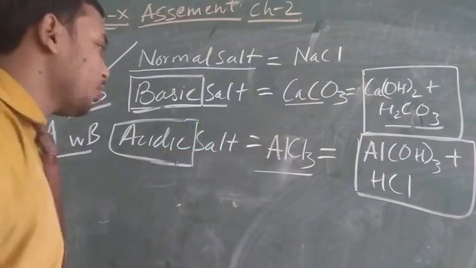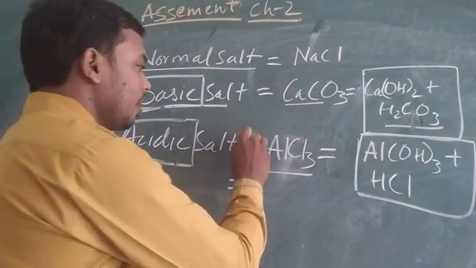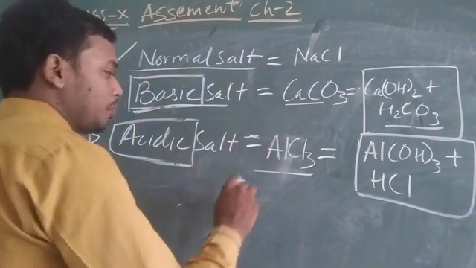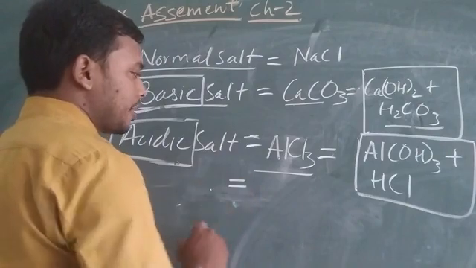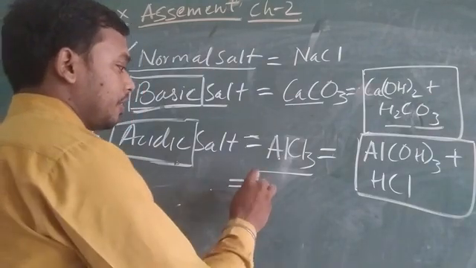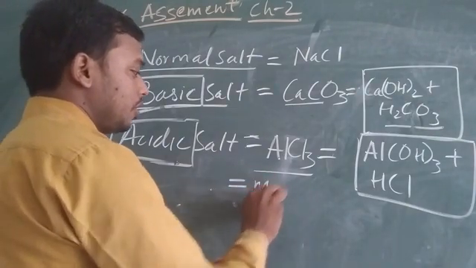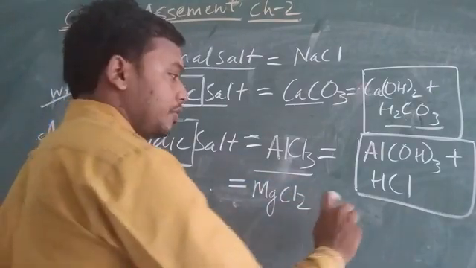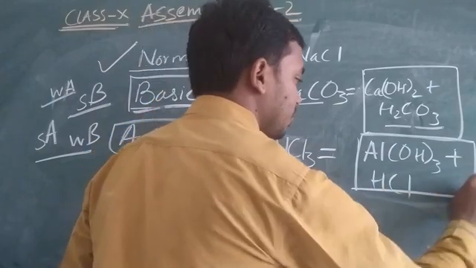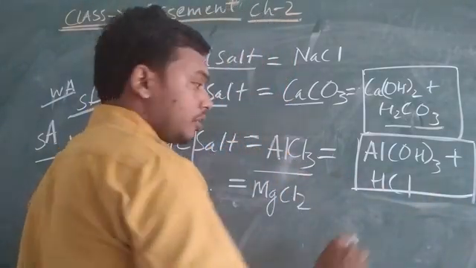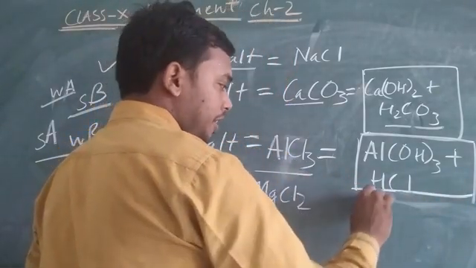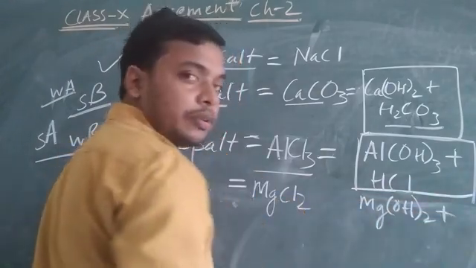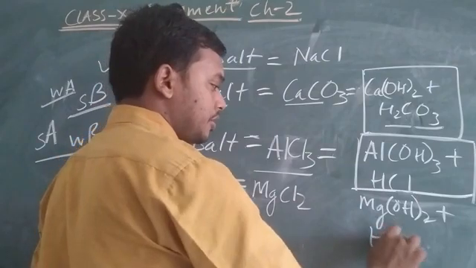One more acidic salt, that is MgCl2. MgCl2 is a combination of magnesium hydroxide plus HCl.